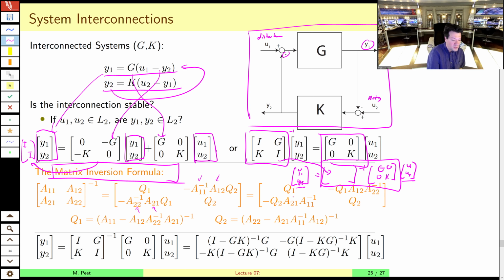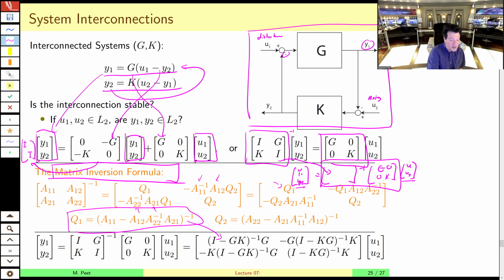Actually, we're going to focus, I believe, on this representation here, where Q1 and Q2 are defined as inverses of these particular blocks, right? Of course, A22 here. We can plug these in for Q1 here.